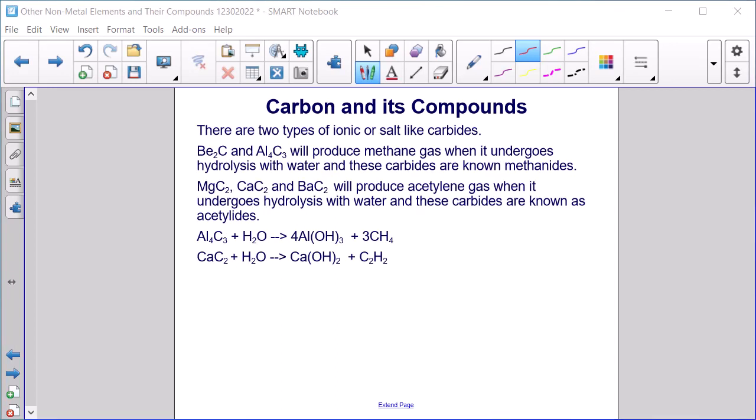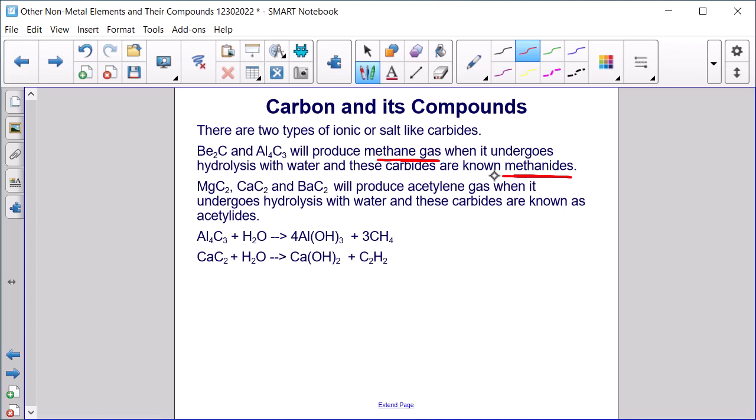There are 2 types of ionic or salt-like carbides. Beryllium carbide and aluminum carbide will produce methane gas when they undergo hydrolysis with water, and these carbides are known as methanides.